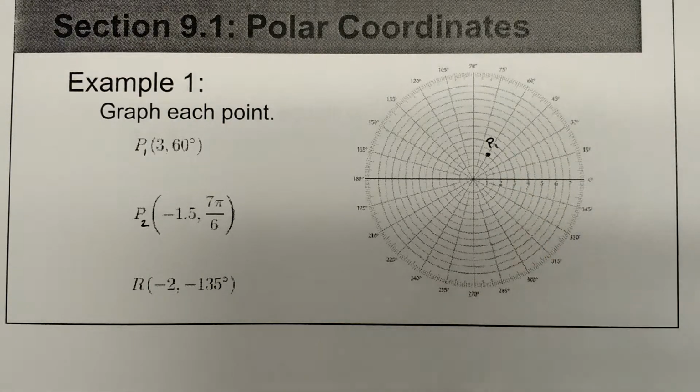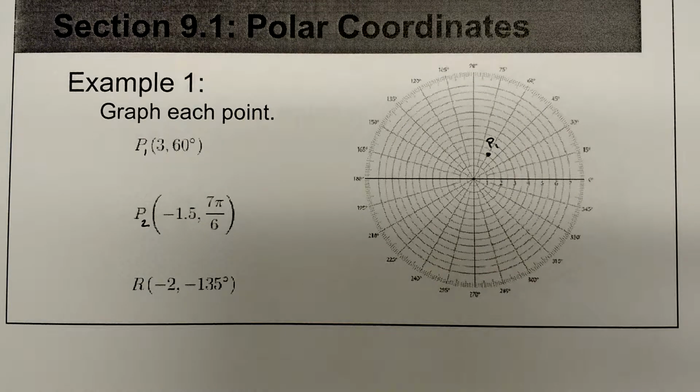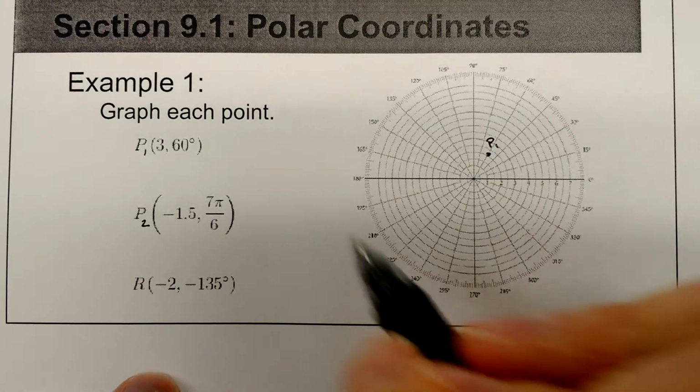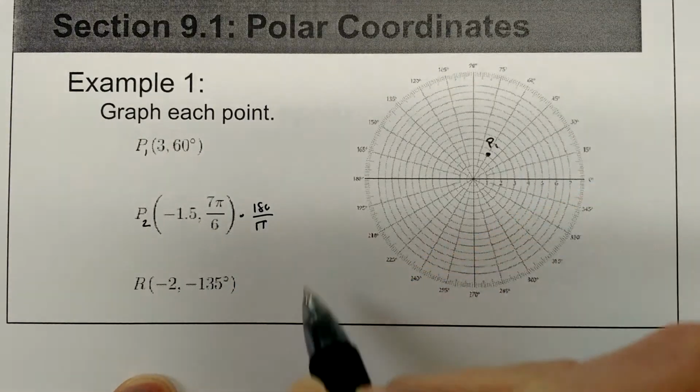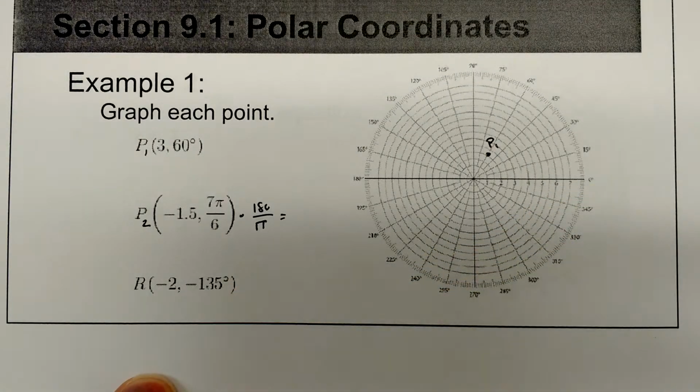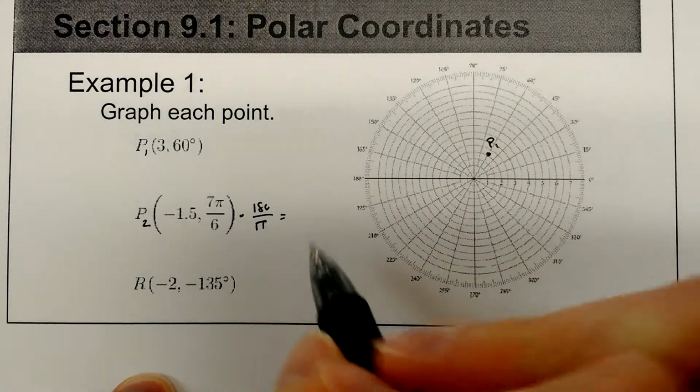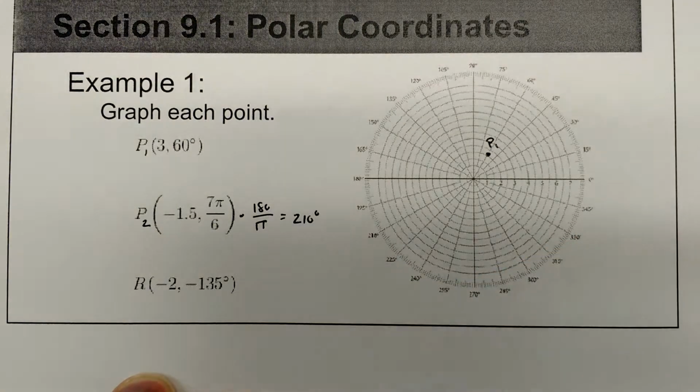So for P2, that point is given to you in terms of radians, so you may need to convert that to degrees. The first value is still the radius r. So 7 pi over 6. To convert radians to degrees, you multiply by 180 and divide by pi. So this is 7 pi over 6 times 180 over pi. So this is the same thing as 210 degrees.